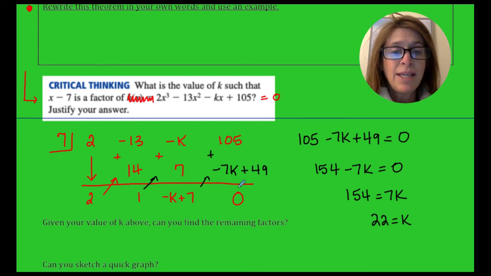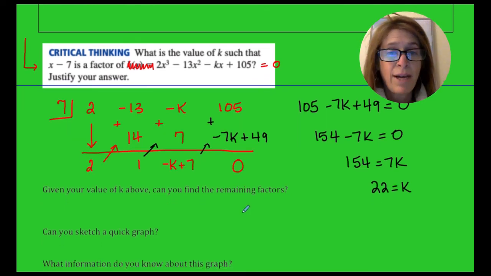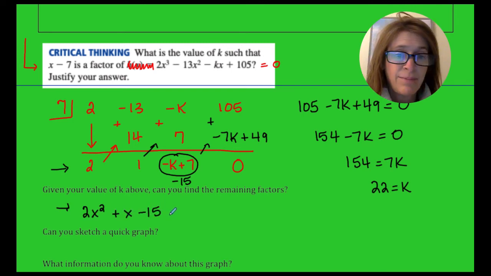All right, so it says, given your value of k above, can you find the remaining factors? Okay, so let's see what I mean by that. If k is 22, then this right here would be negative 15. So the depressed polynomial would then be 2x squared plus x minus 15.